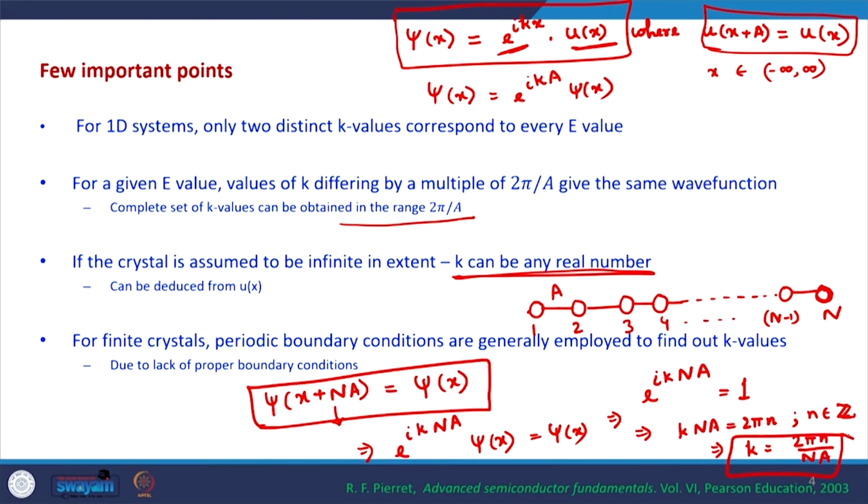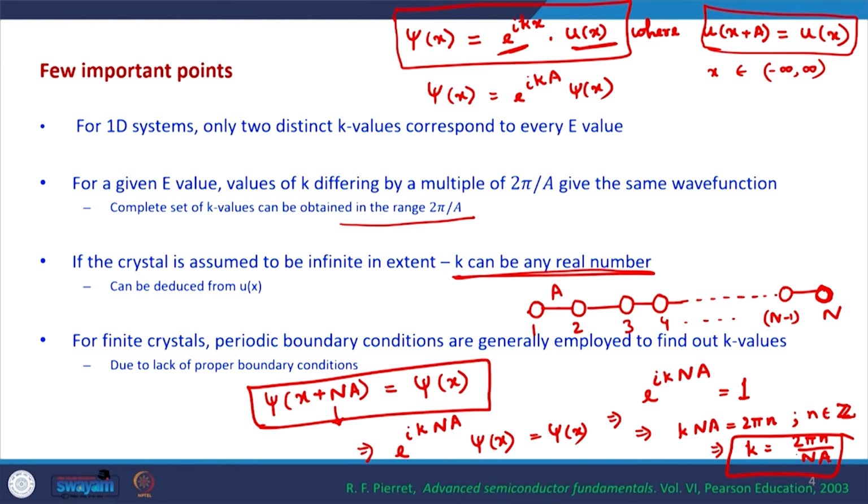So, for finite crystals k will have discrete values, and these discrete values will depend on the length of the crystal itself, and a, the distance between two atoms. Two k values will be separated by 2 pi by capital N times a, and this small n can be any integer.